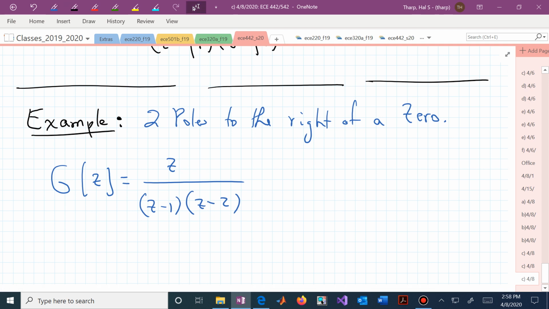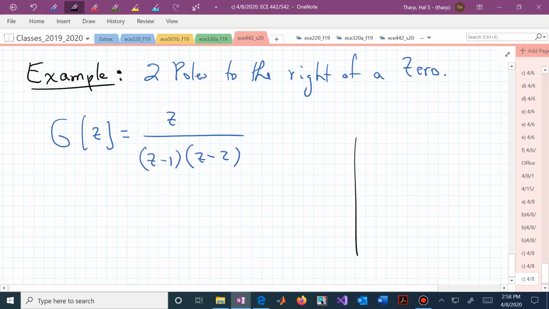Just from that, you should be able to start sketching a root locus. You have a 0 at the origin, a pole at 1 and another pole at 2. That's now the beginning and ending locations of your root locus diagram.